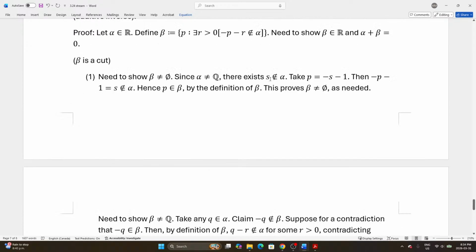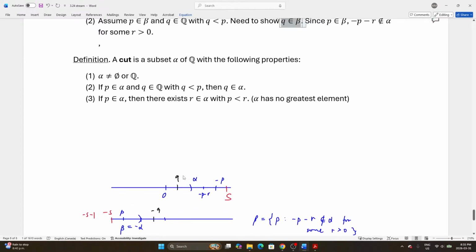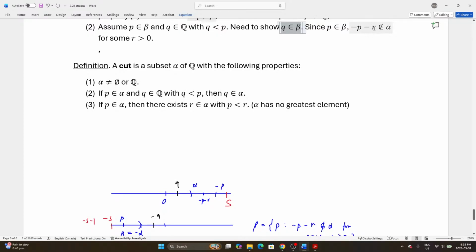Minus p minus r is not in alpha for some positive rational r. Okay, what to do here? We need to show that q is also in beta, so we need to show that minus q minus something positive is not in alpha. All right, so can we go to the picture and see what that r should be?